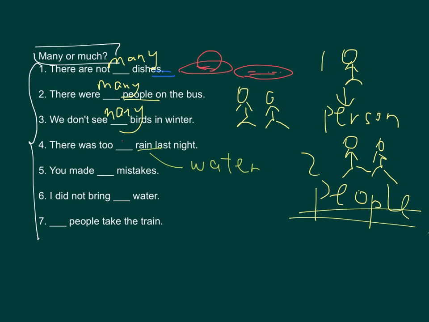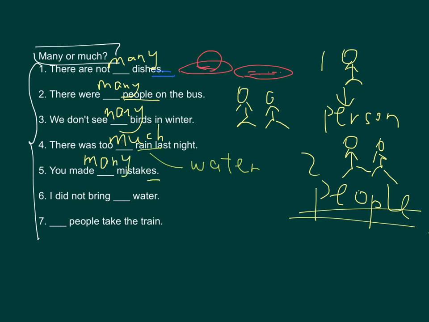It is very difficult to count, right? So the answer would be much. Okay, so question number 5, you made mistakes. You made many mistakes. Why? Because we can see the S after that.